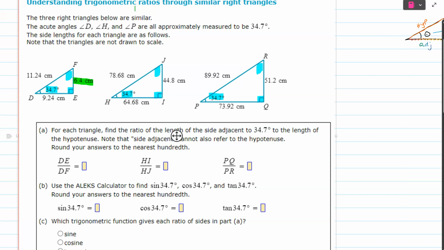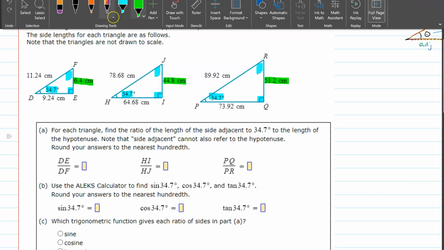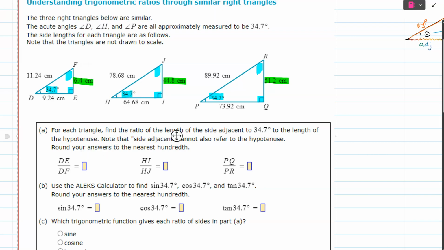So 6.4 should be proportional to 48.8 and is proportional to 51.2. And similarly, these bottom values, 9.24, 64.68, and 73.92, will also be proportional to each other. That means it's the same multiplication to get from one to the next to the next.